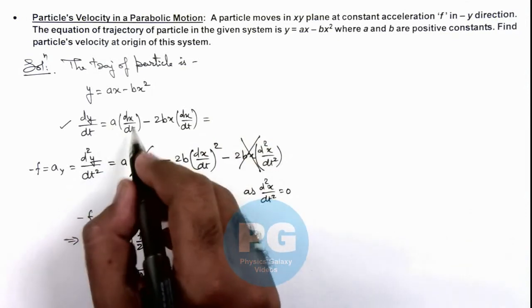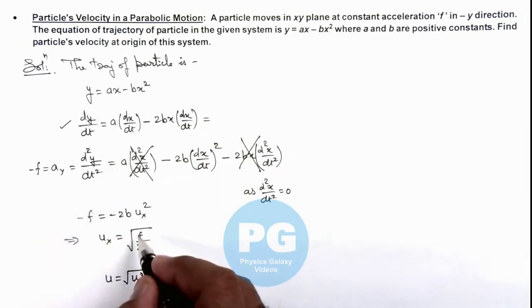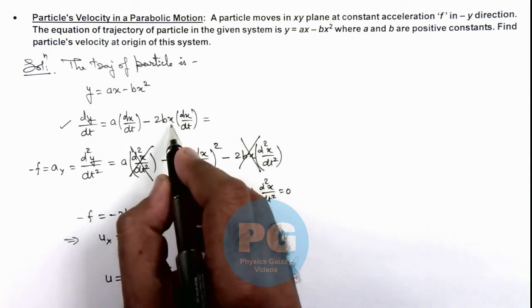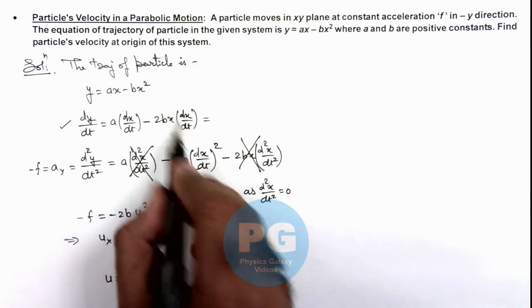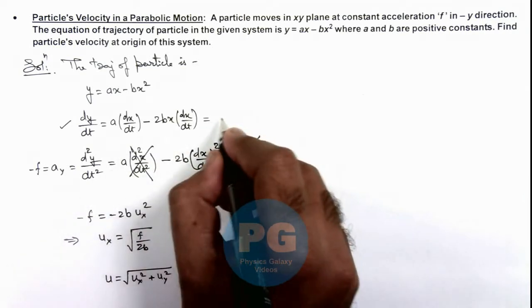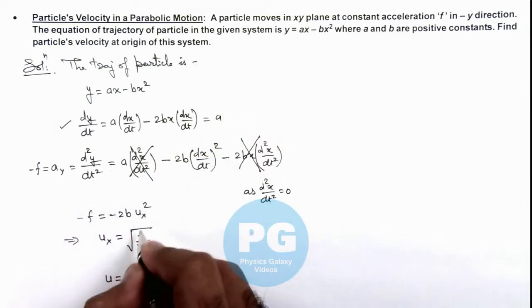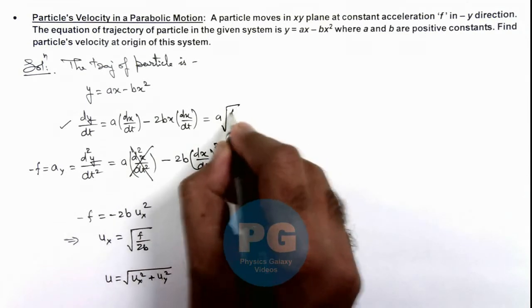This a dx/dt is ux, which we already wrote as root of f/2b. And at x = 0, this term will vanish. So here we can write it as a multiplied by ux, which is root of f/2b.